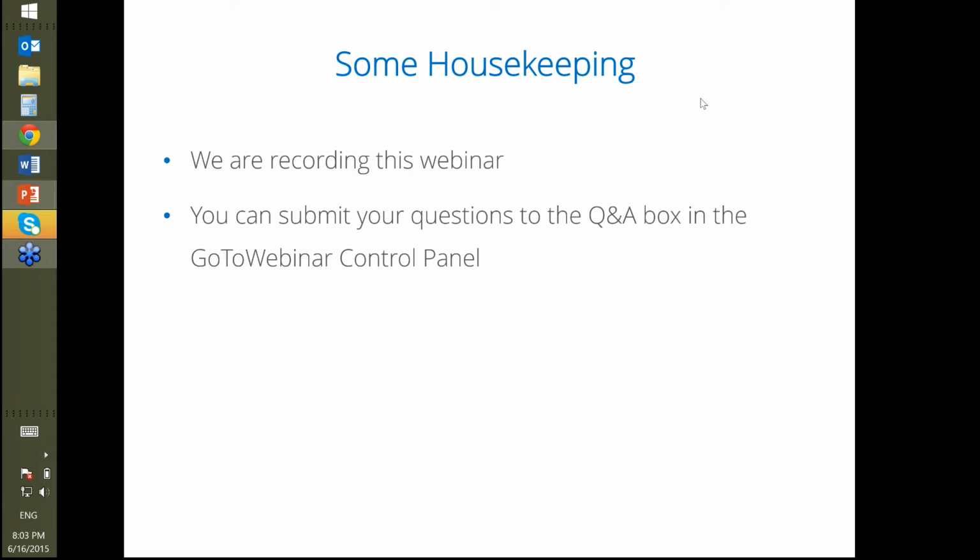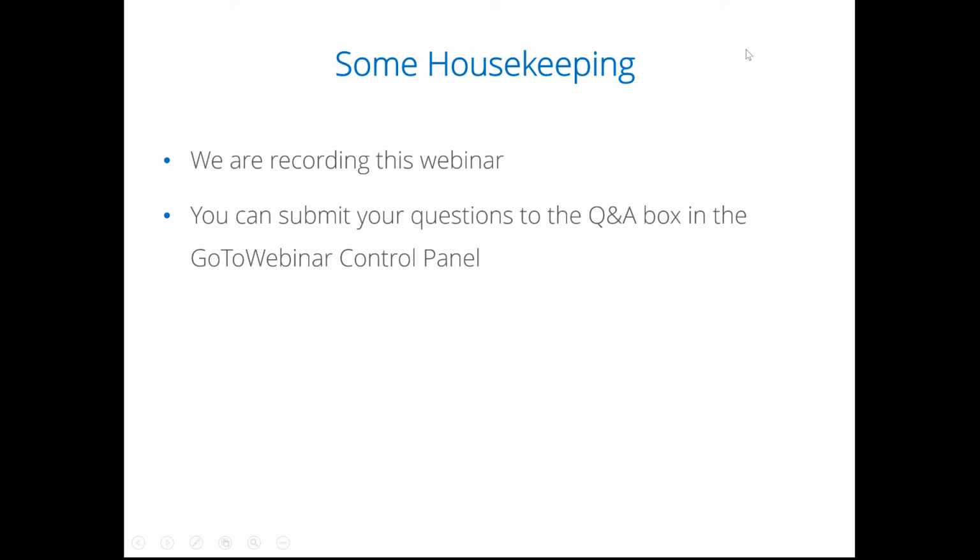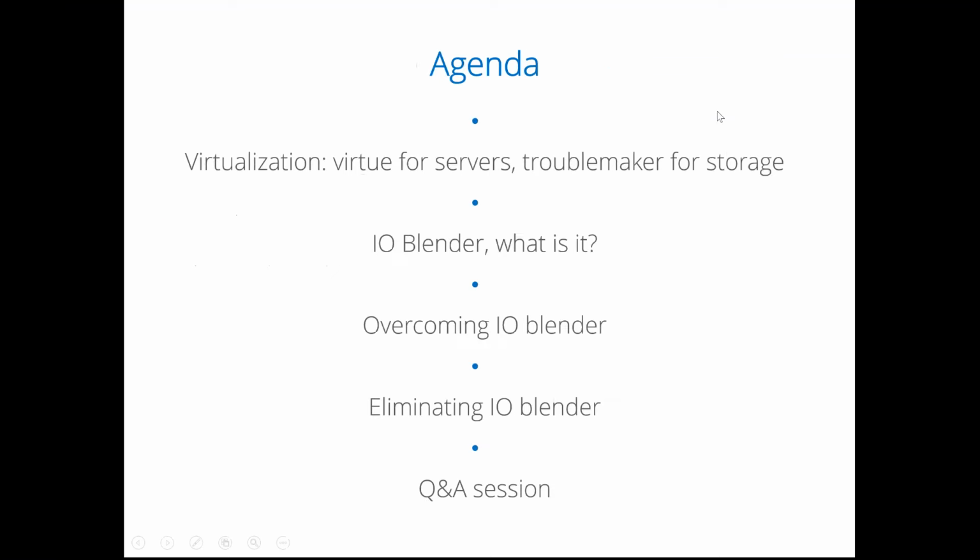So, a quick agenda for today's event. First, we'll look at how virtualization worked well for the servers, but introduced some troubles for the storage. Then we'll learn about the blender, what it is, and why it is so bad for your virtualization environment, and especially for your storage.